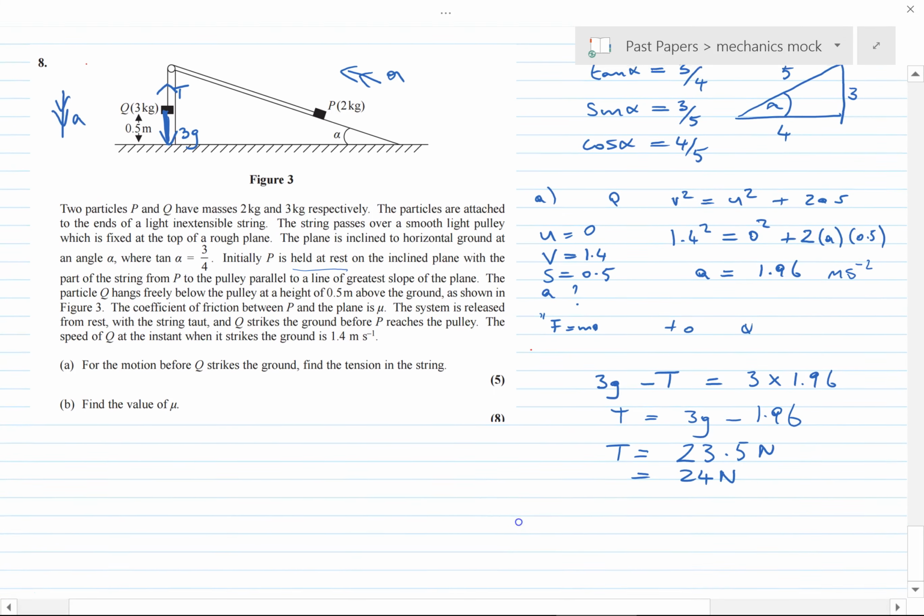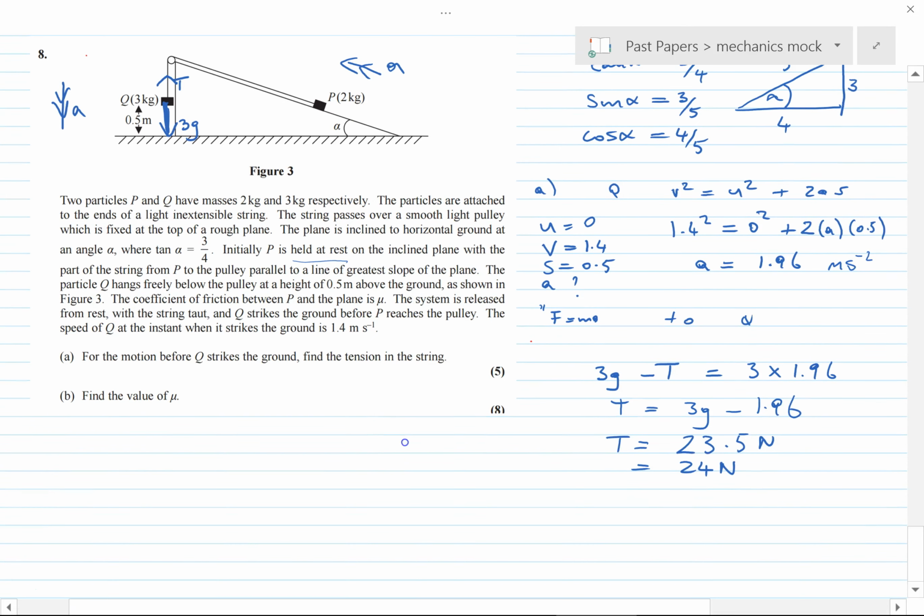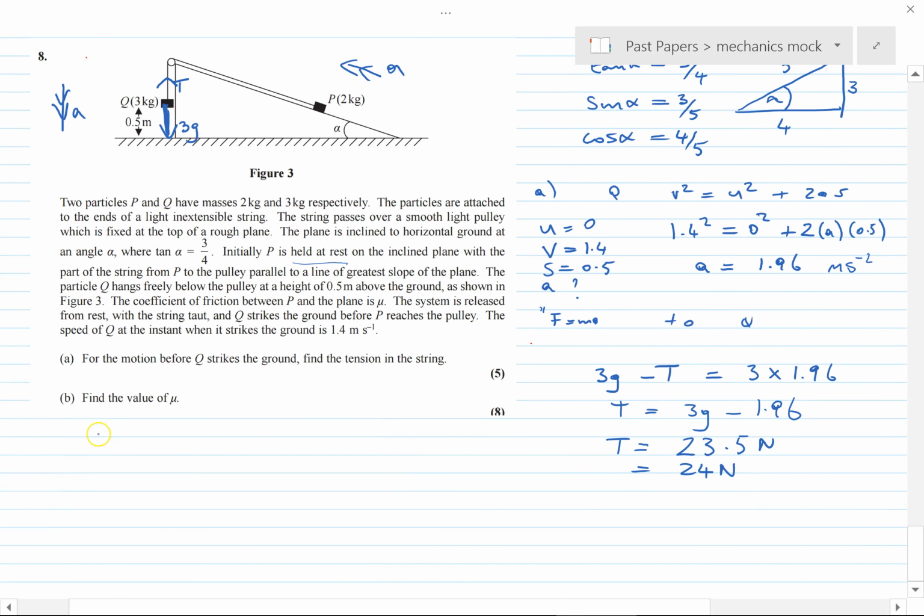So we know that T is 24. Now I'm going to draw a diagram for P, I think, because it might be a bit small along here. We can look at the forces on P. We've got a reaction force going up like that. We've got a weight coming down. This is where the angles are all going to come in.